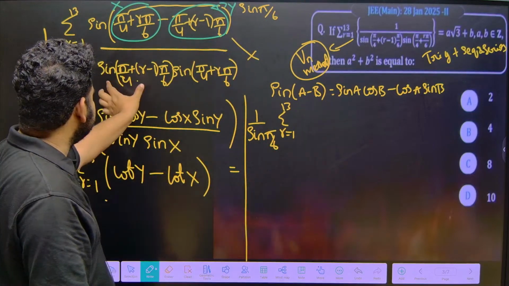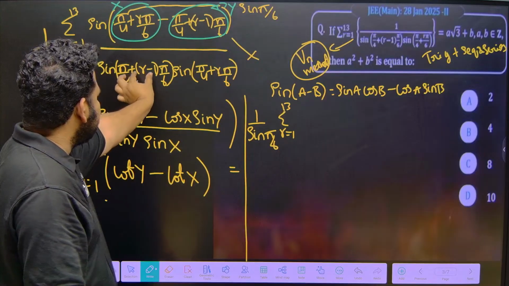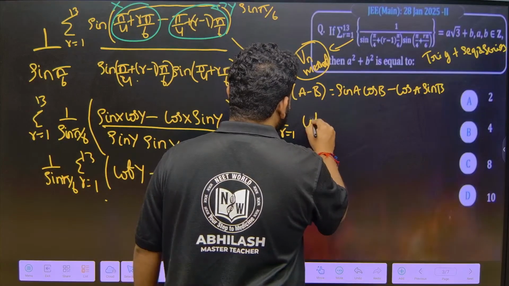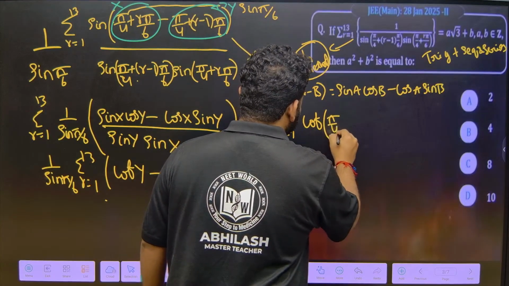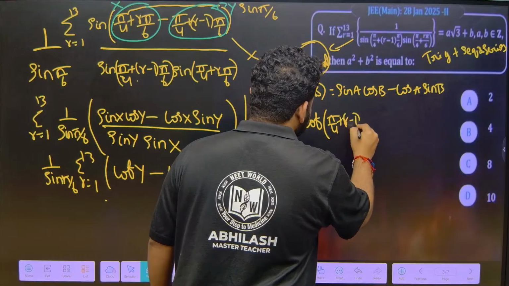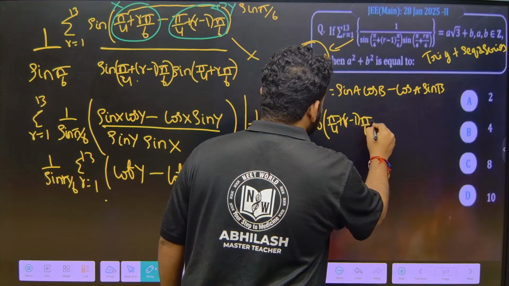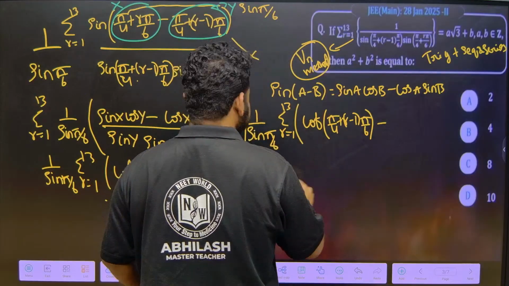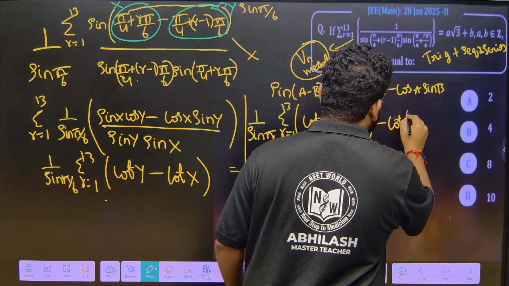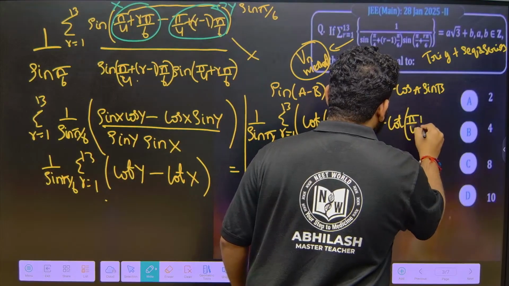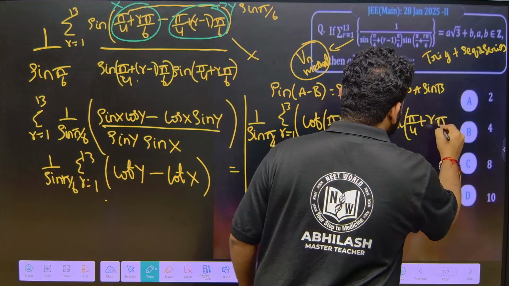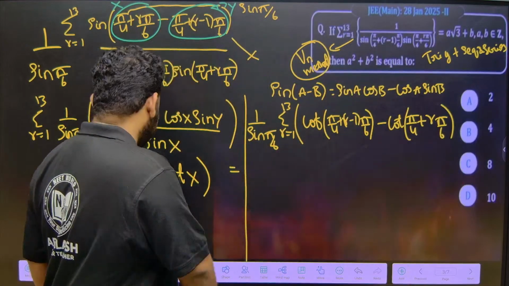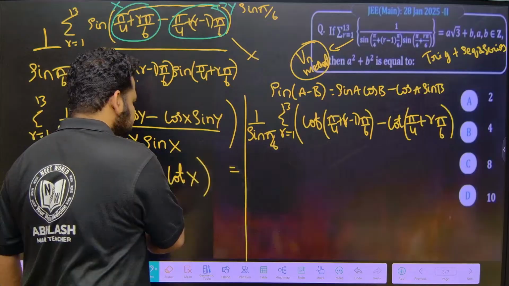Cot y is cot of pi by 4 plus r minus 1 into pi by 6, minus cot x, where cot x is cot of pi by 4 plus r times pi by 6. Now see here, we are applying the VN method. That is the trick we are applying.